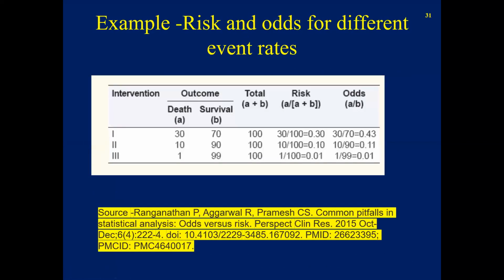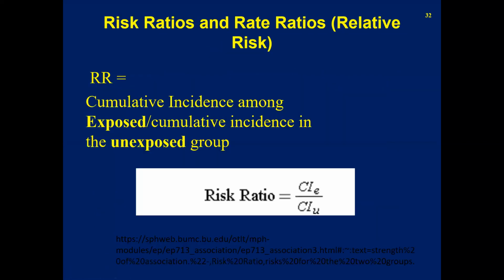So now let's look at what is relative risk. Relative risk is actually defined as the cumulative incidence among the exposed divided by the cumulative incidence among the unexposed group.